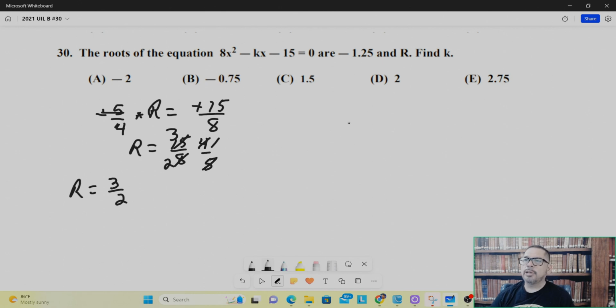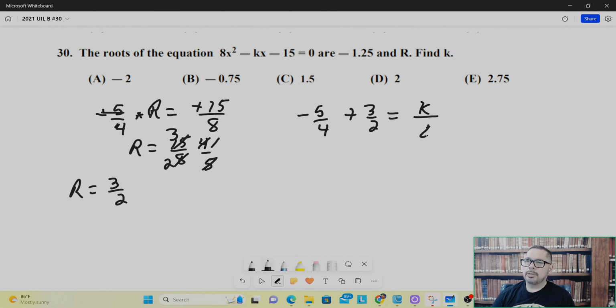So now for the sum of the roots, I know I got negative 5/4 plus 3/2 has got to equal the opposite of the linear coefficient, which in this case will be just a positive k, over the lead coefficient.